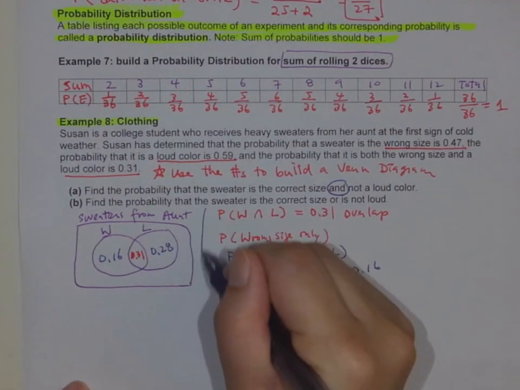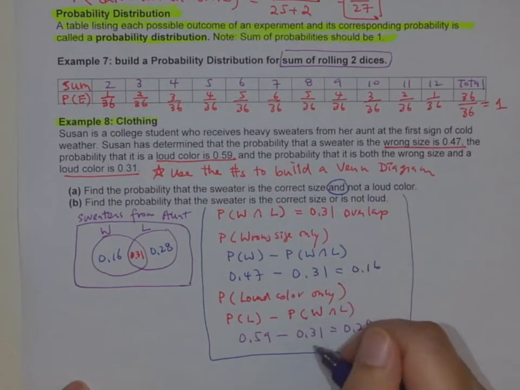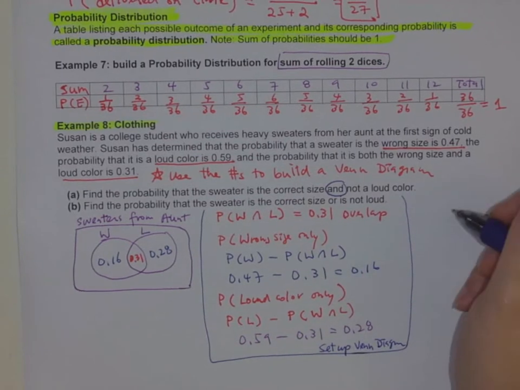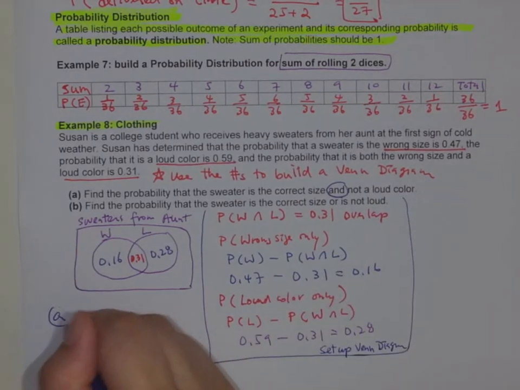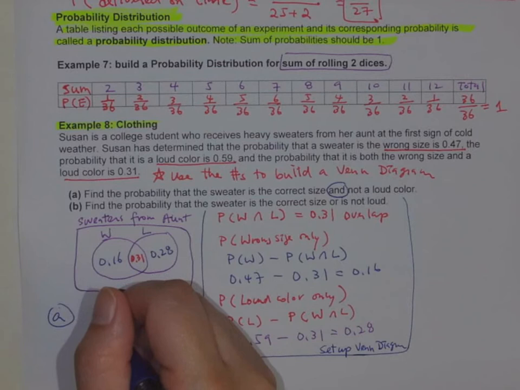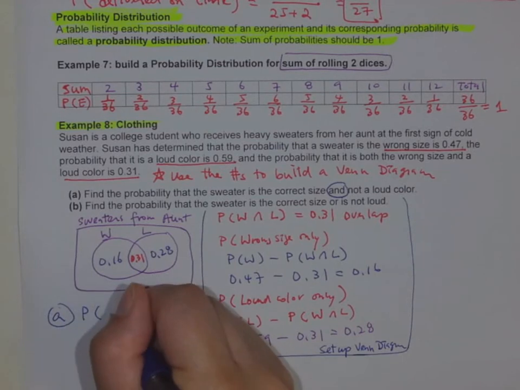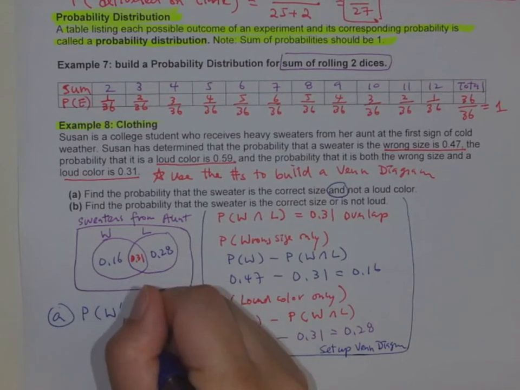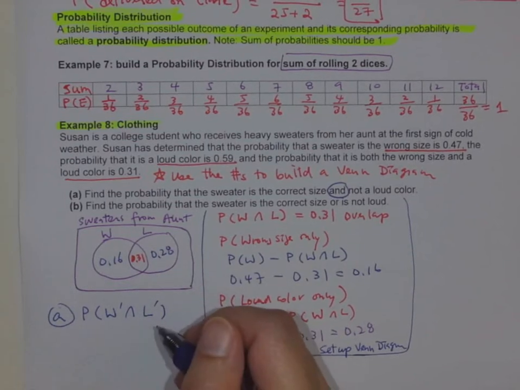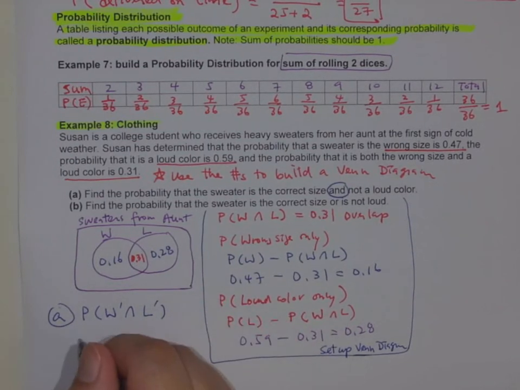So for the A part, this is just to set up the Venn diagram, right? So for the A part, let's do it here. A part says the probability of not wrong and intersecting, right? Not loud.